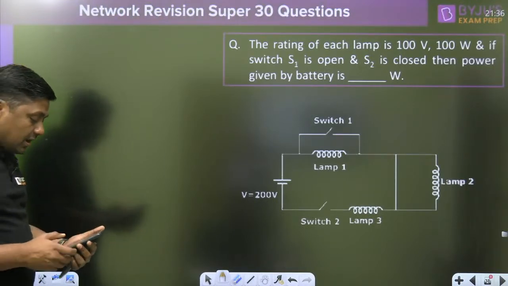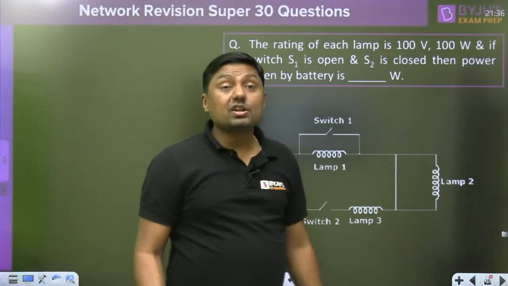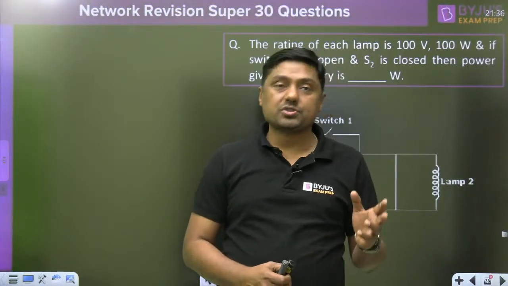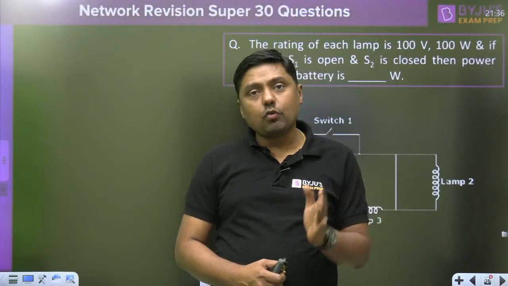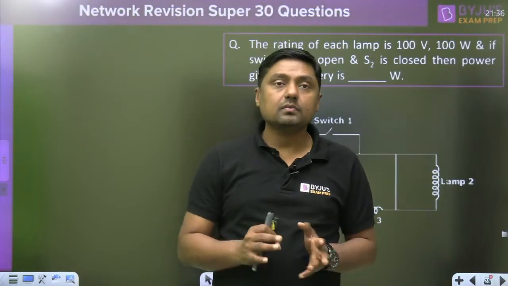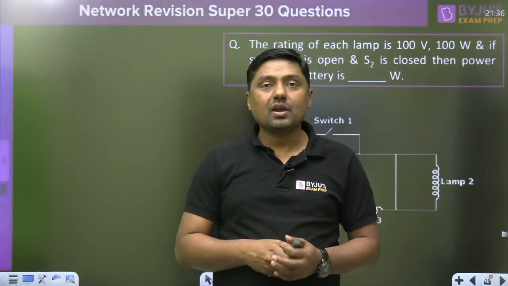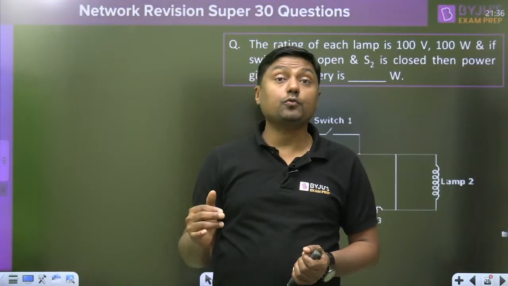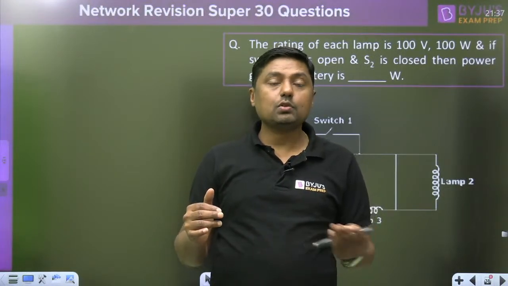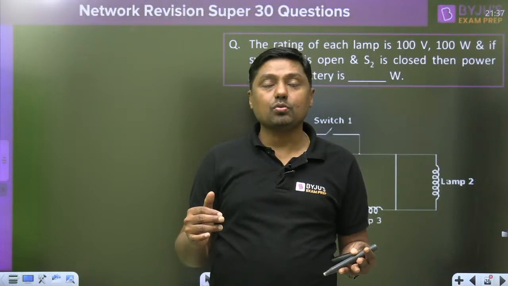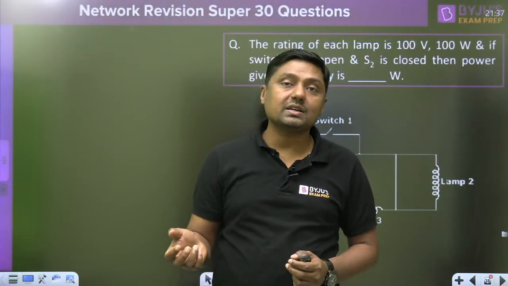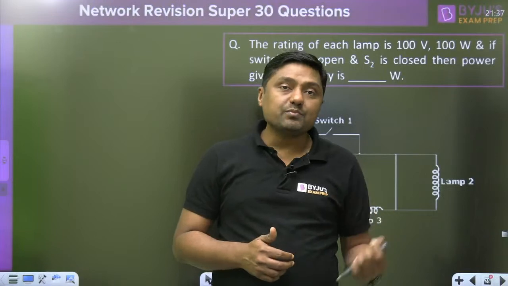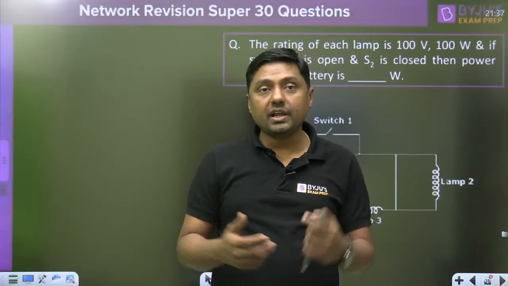In the GATE exam last year, was it 1 mark questions or 2 mark questions? First 1 mark, then 2 marks, or jumbled mixed questions? The first question may be 1 mark, the second 2 marks, the third may be MSQ, the fourth numerical answer type, then MCQ 2 marks, then again 1 mark.